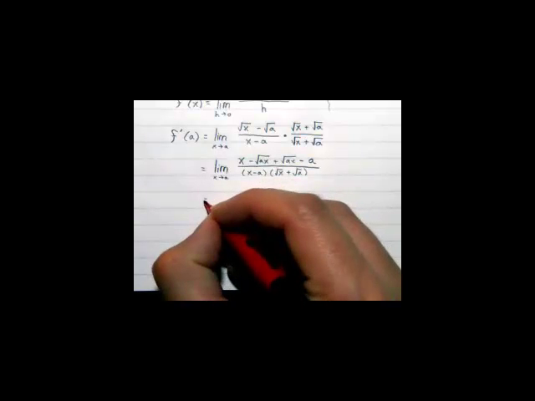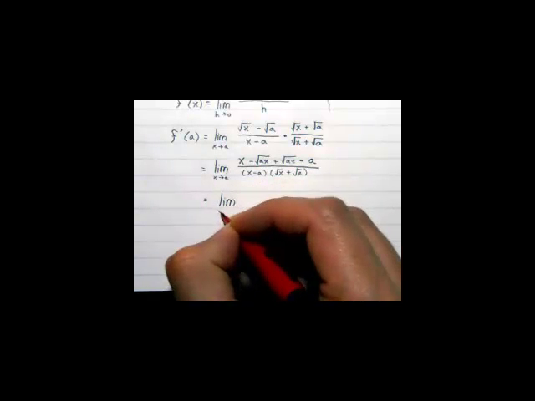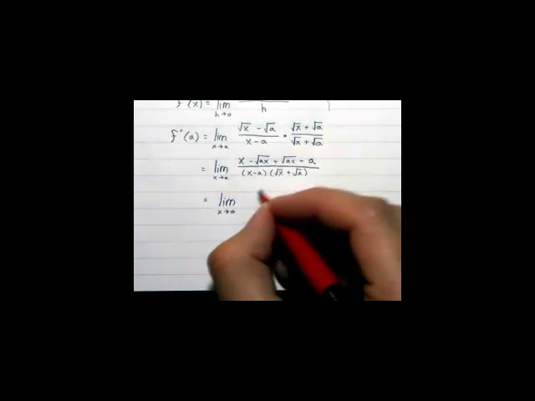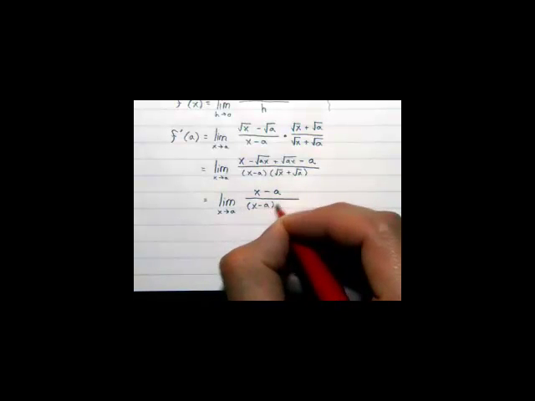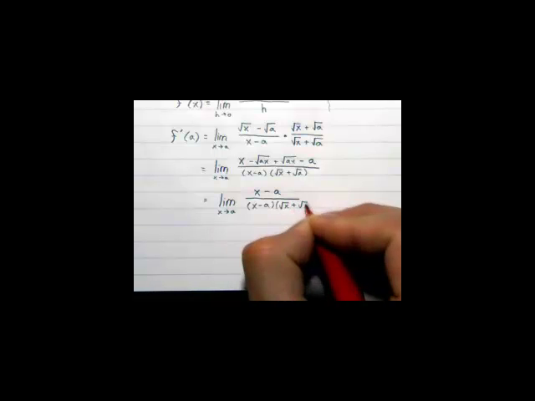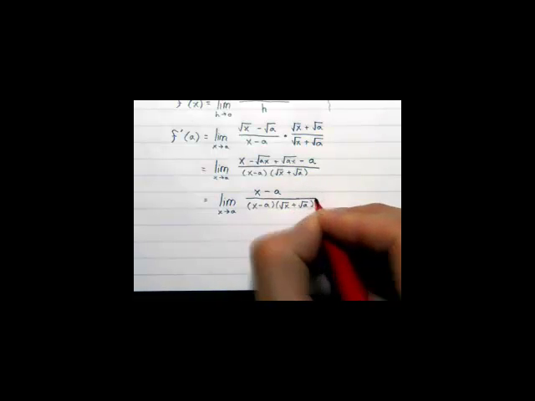Okay, but everybody with me so far? Just distributing the top, not distributing the bottom yet. And canceling stuff out up there, I'm just going to have x minus a left over. And then on the bottom, x minus a times square root x plus square root of a. What do you now notice? You've got a factor that cancels, and in fact, it's that x minus a factor, which is the one we kind of sort of wanted to get rid of, right?